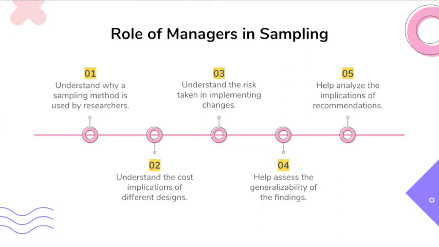So the managers need to understand the sampling and how the research goes, in order to understand that if we do this, then the risks are going to be this, and then they can easily take the research result into implementation.